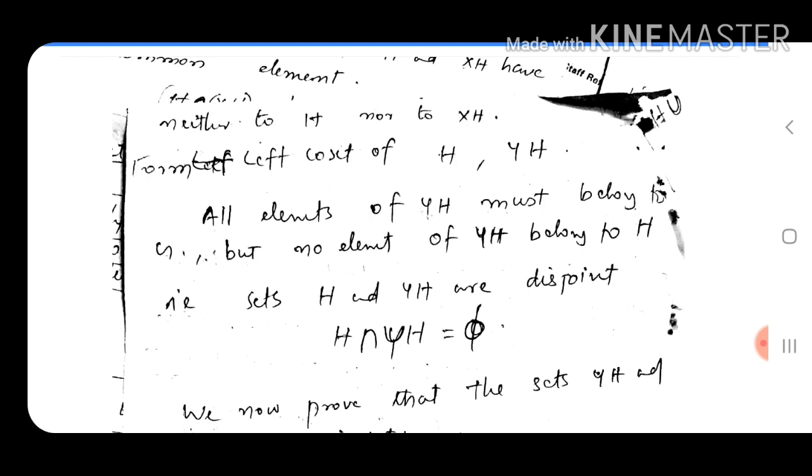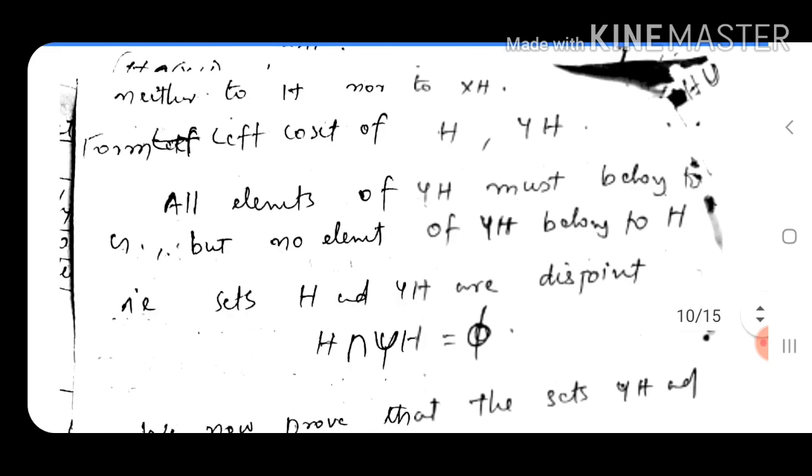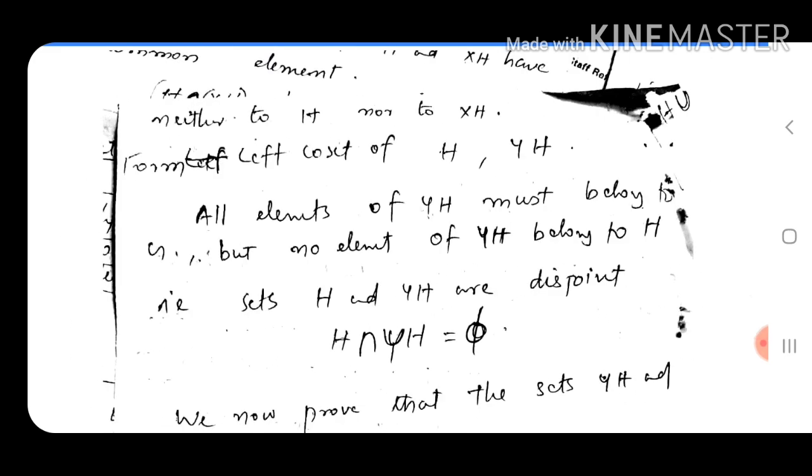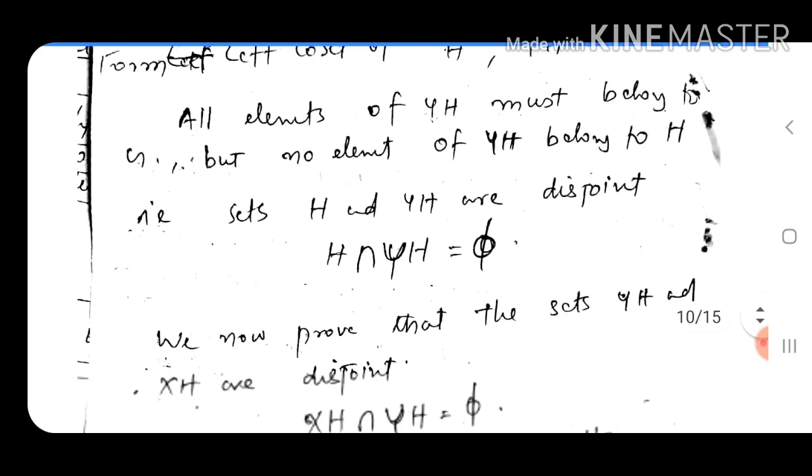When we took XH, we said no element of XH belongs to H. Same way here no element of YH belongs to H. That means H and YH are disjoint, that is, H intersection YH is the null set.